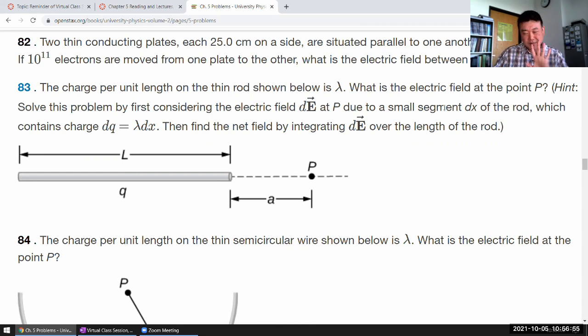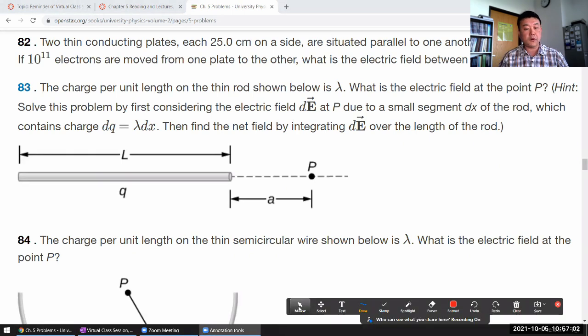So let me imagine having a slightly different question so that we can use this as a starting point for motivating the idea of field.